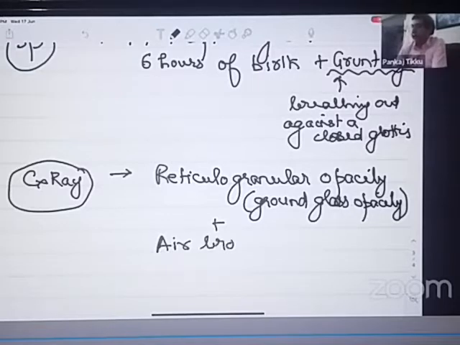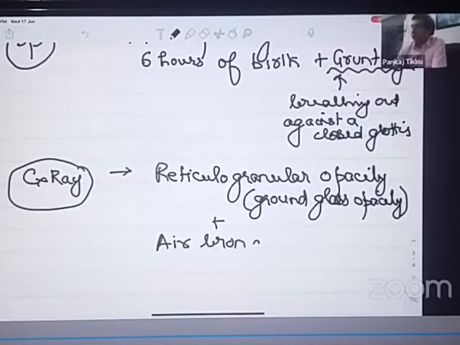What is an air bronchogram? An air bronchogram is air which is trapped inside the bronchioles, because below, the alveoli are collapsed. So air trapped inside the bronchioles will be seen as very, very thin lines on the chest X-ray.